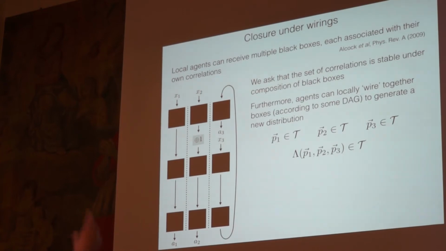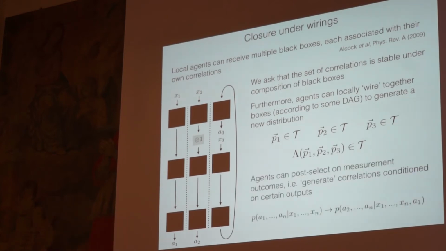So they have some P1, which is in some set T, P2, which is in the same set, and P3 again. And then they have some process of plugging classical outputs into inputs, just as long as you don't get cycles. This whole process is described by lambda, and then you ask, after applying lambda to these distributions, is that still in T? And if it is, then the set is closed.